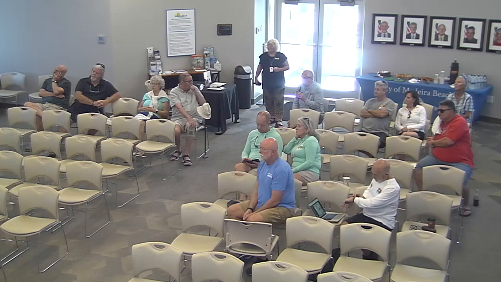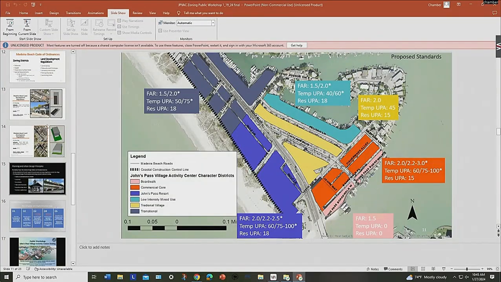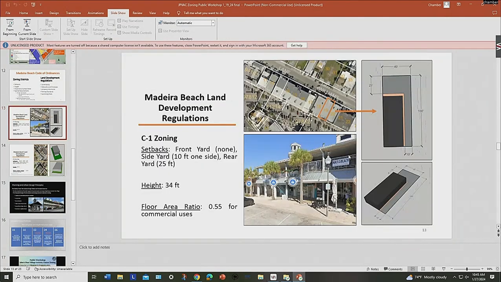What we're really trying to do with the activity center is protect what's there, and make sure that any new development will meet those standards and have the same character. Johns Pass Village has this very quaint fishing village, Main Street character.